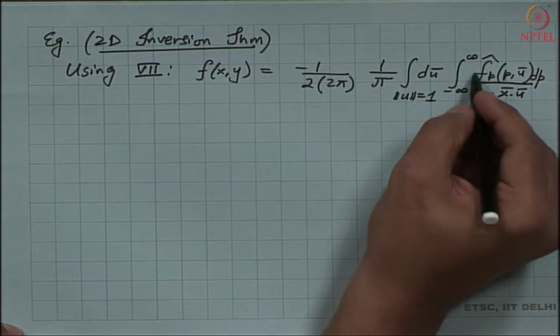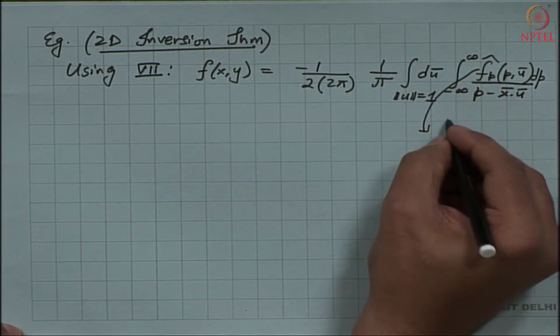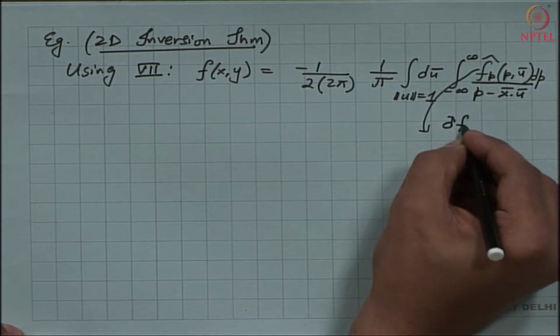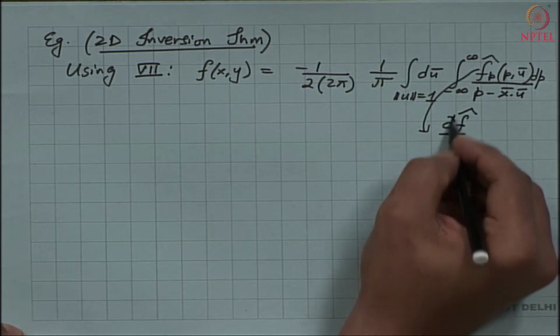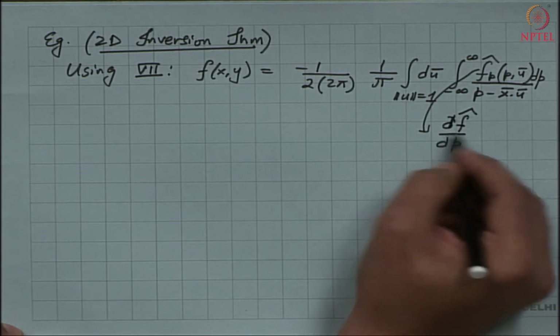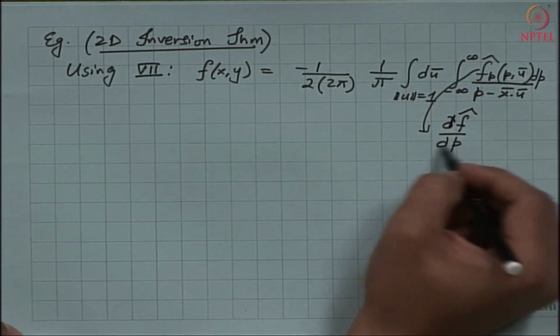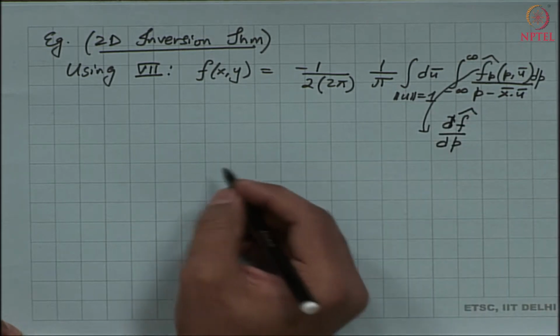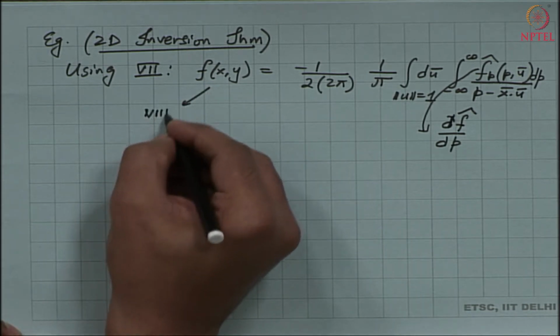Now, note that this particular quantity that I have used in the Hilbert transform is the derivative of the Radon transform with respect to my variable p, that is the variable of the Radon transform here. So, f hat prime of p denotes the derivative of the function. Now, let me call this expression my 8.